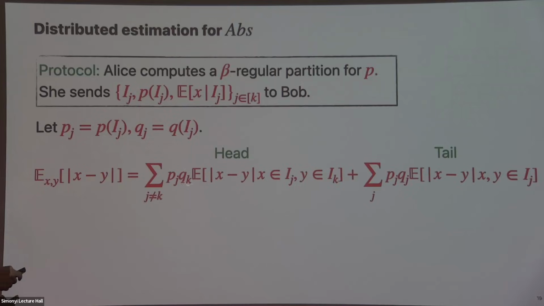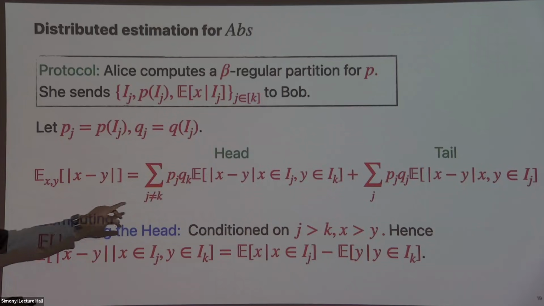And I'll distinguish between two cases: collisions in the intervals and no collisions in the intervals. The head corresponds to the setting where X and Y fall into different intervals. The tail corresponds to the setting where X and Y fall in the same interval. And it turns out that it's a very good idea to separate out the head from the tail. Why is that?